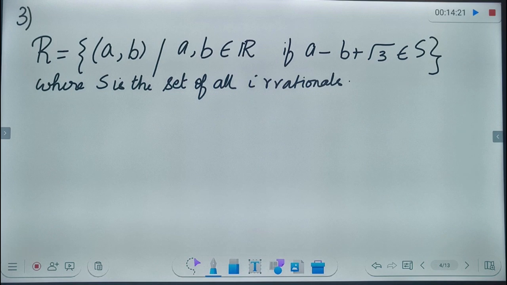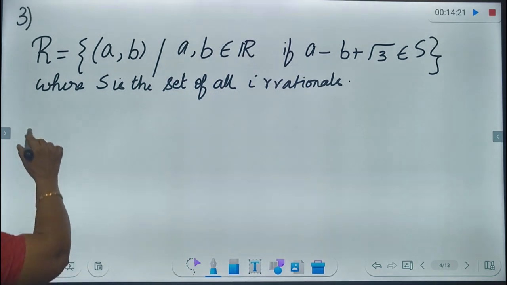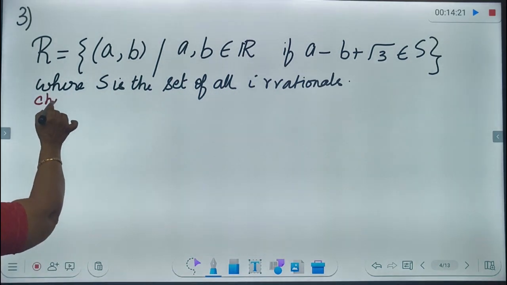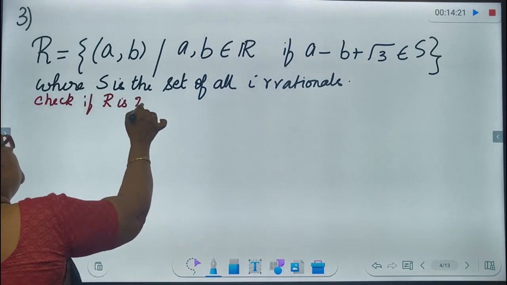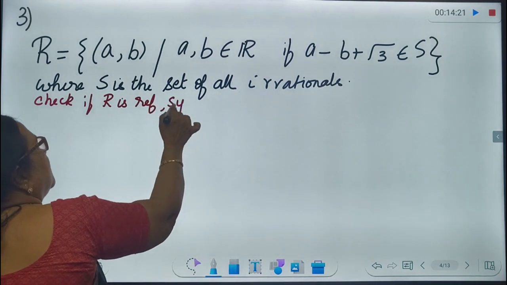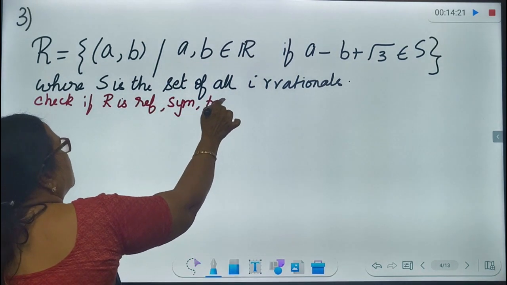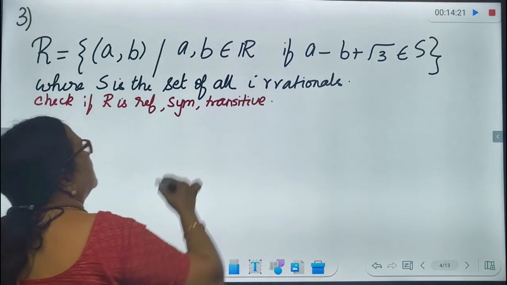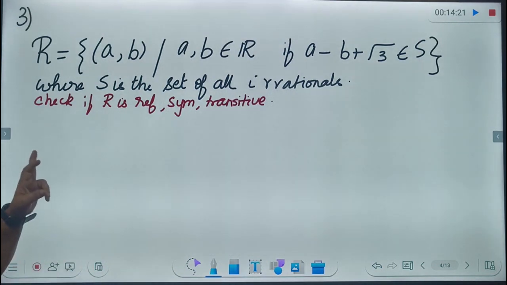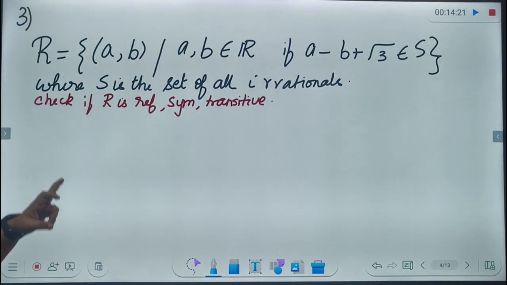So, we are going to check whether R is reflexive, symmetric and transitive.